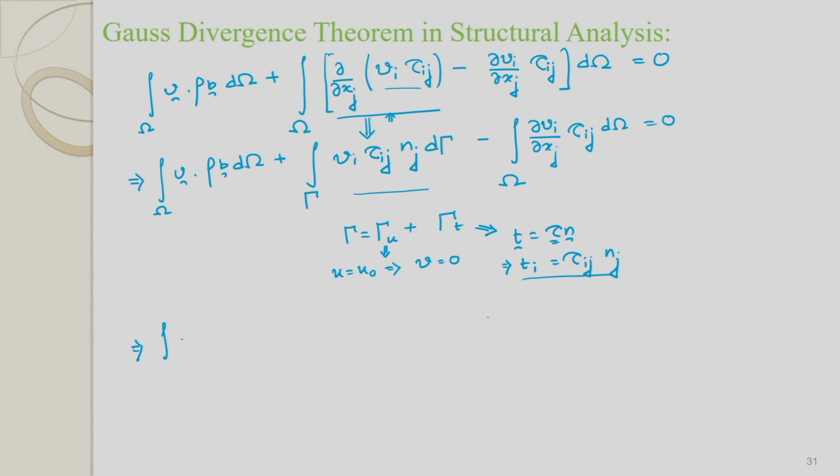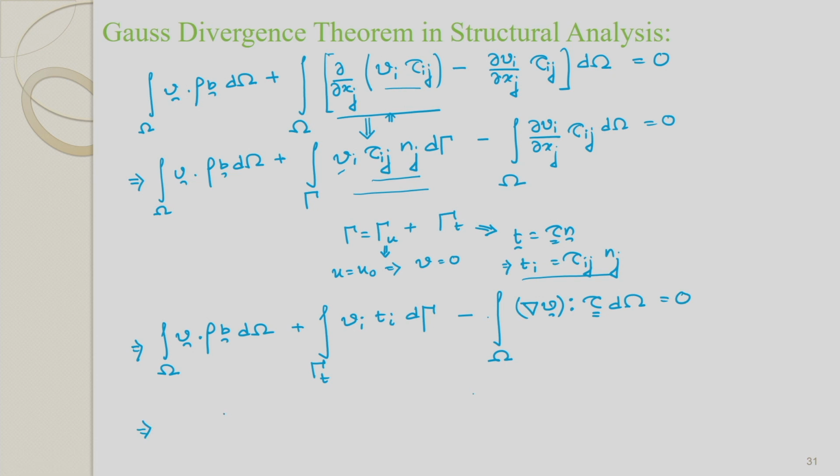We write the first term as it is, so on gamma u this is 0. Only gamma t is non-zero, Vi Ti, because tau ij nj is Ti, and this term we can write as the inner product of this del V and tau.